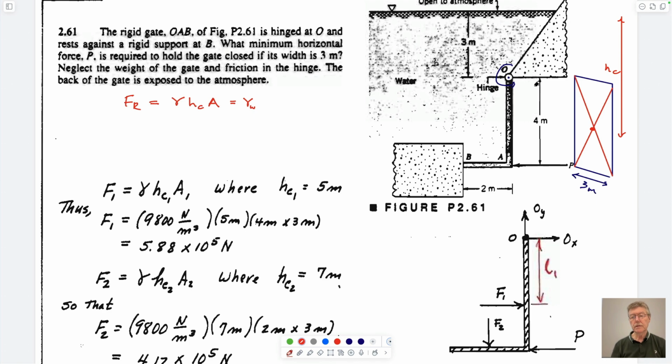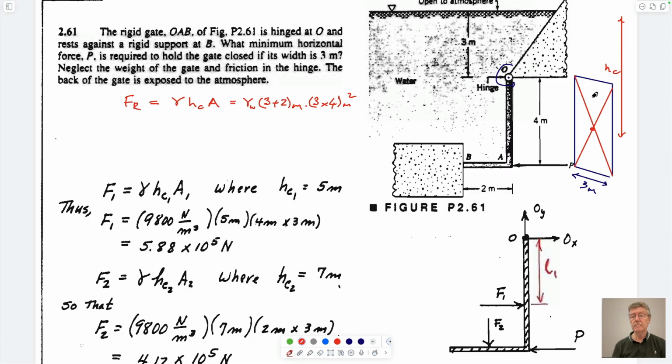Three meters plus 2 meters to the half height. So that is... and what's the area? That's equal to 3 meters wide, 4 meters tall.